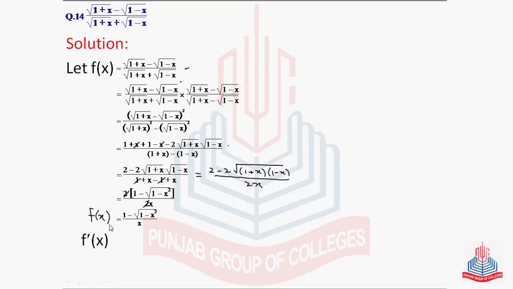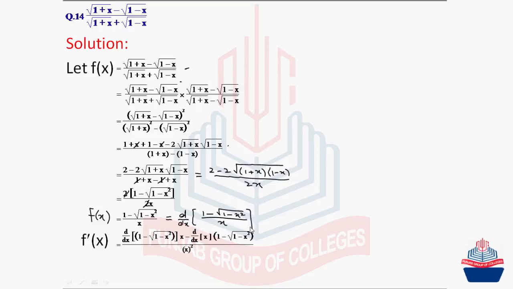Now we apply differentiation on both sides. Left side will become f prime of x, and on the right hand side we can use our quotient theorem here by applying derivative, d by dx of (1 minus square root of 1 minus x square) whole divided by x. So this is of the form f(x) divided by g(x).